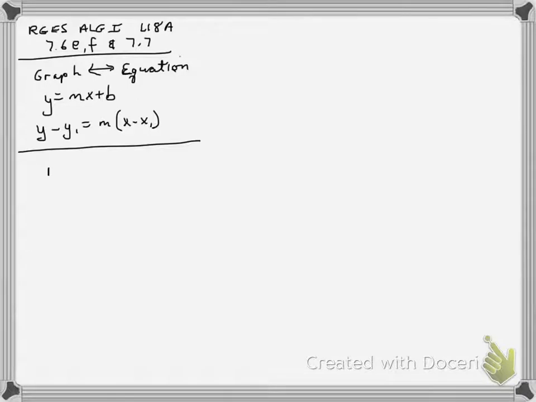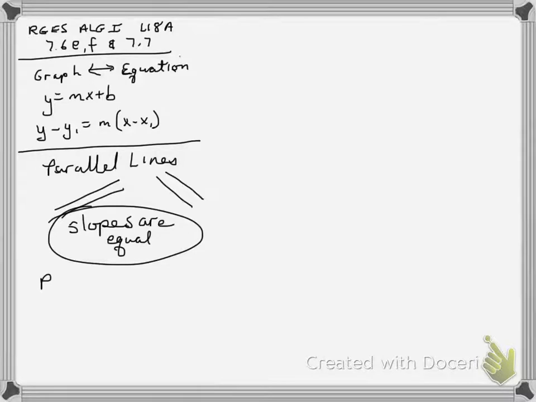Well, parallel lines would be like this, and so there's two ideas here in the last part of 7.6. One is dealing with parallel lines. Parallel lines either look like this, they're both going in the same direction, or this, they're both going in the same direction, and the key is that the slopes are equal.